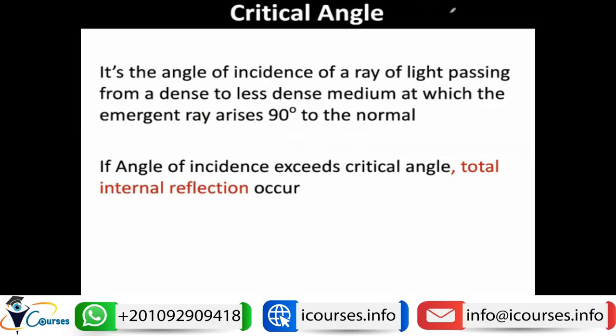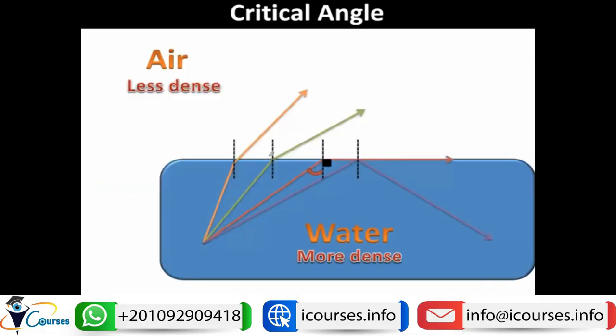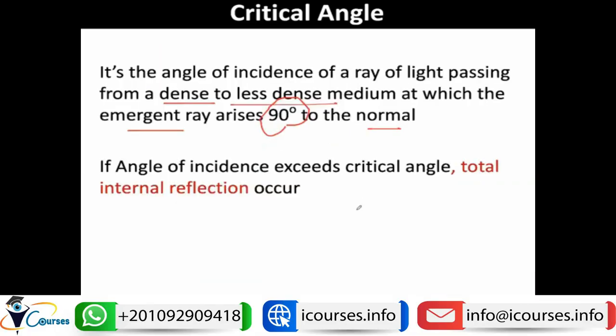It is the angle of incidence of a light ray passing from the dense medium to a less dense medium, and this is important, at which the emergent light ray will be at 90 degrees to the normal. So the critical angle is the angle of incidence at which the angle of refraction will be 90 degrees. Above this angle, total internal reflection will occur.